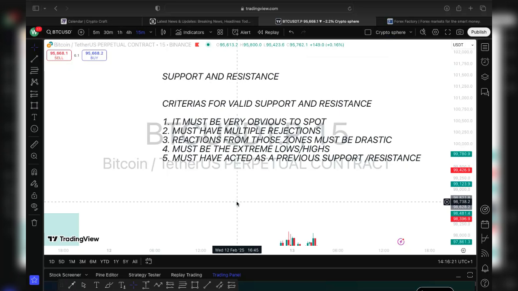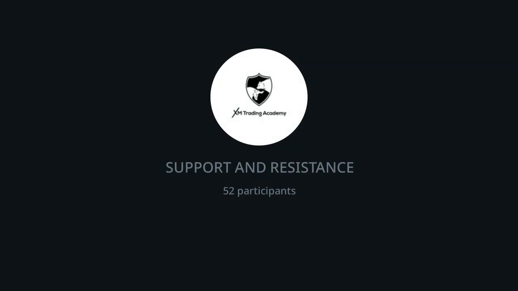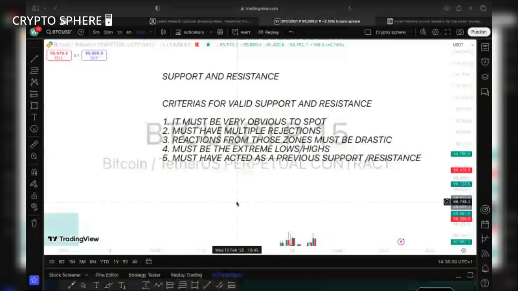Must have acted as a previous support or resistance level. When we get to a live chart, you're going to see these things even more clearly. But let me quickly go through it again and give a brief explanation before we move to a live chart where you're going to see these things happening clearly.